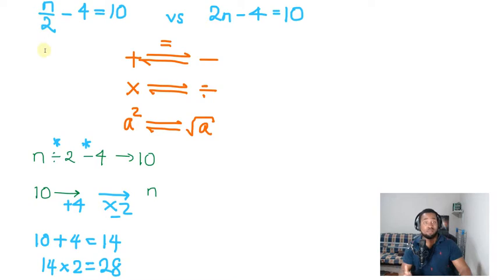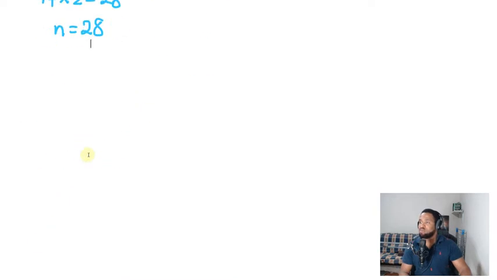And to confirm by checking, let me just write it here. By checking, we can put n equal to 28 in our equation. So where we see n, we put 28.